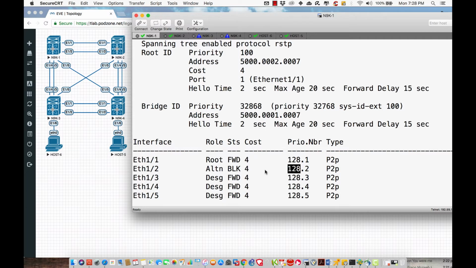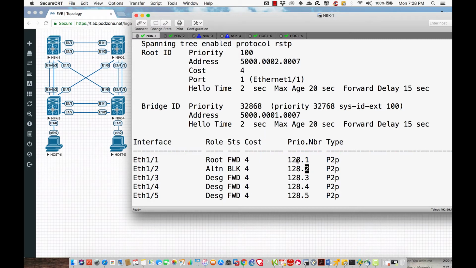So as an example, if I were to come in here and make the priority on Ethernet 1.2 the lowest possible value, that should ensure that the lower port number, so port 1, got picked because 1 is less than 2.